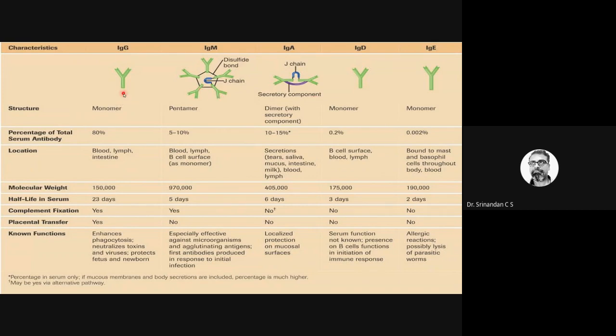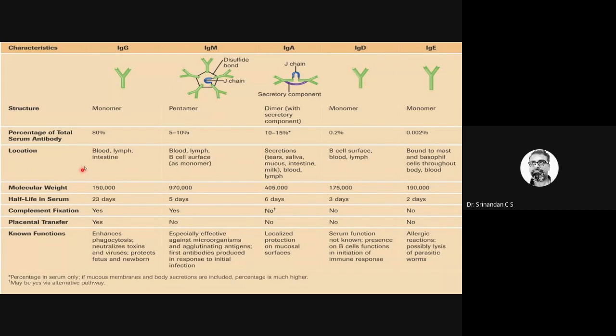When you see the structure, the Y I was referring to is typical of IgG, IgD, and IgE, whereas IgA has two Ys bonded together, and IgM has five Ys bound together.